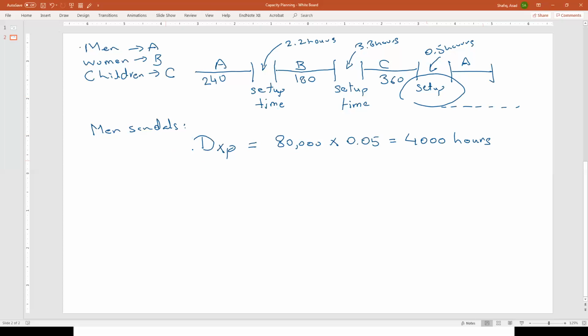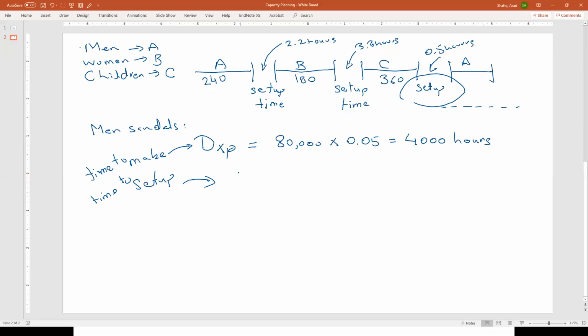So we not only have to estimate how much time we need to make the product, we also need to estimate the time to set up the machine to make this product, right? So I'll write here, this is time to make, and this is time to set up.